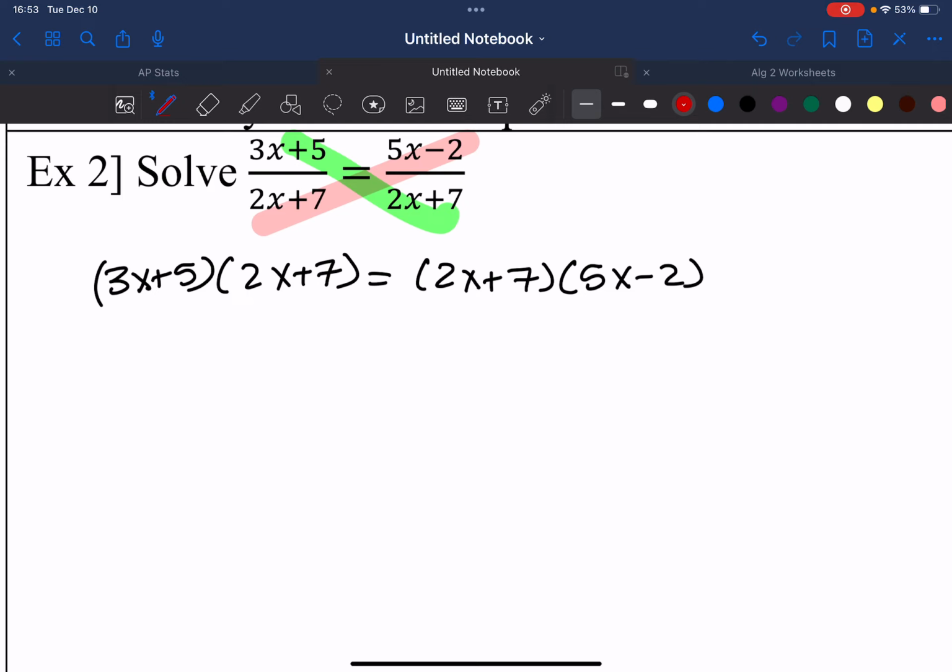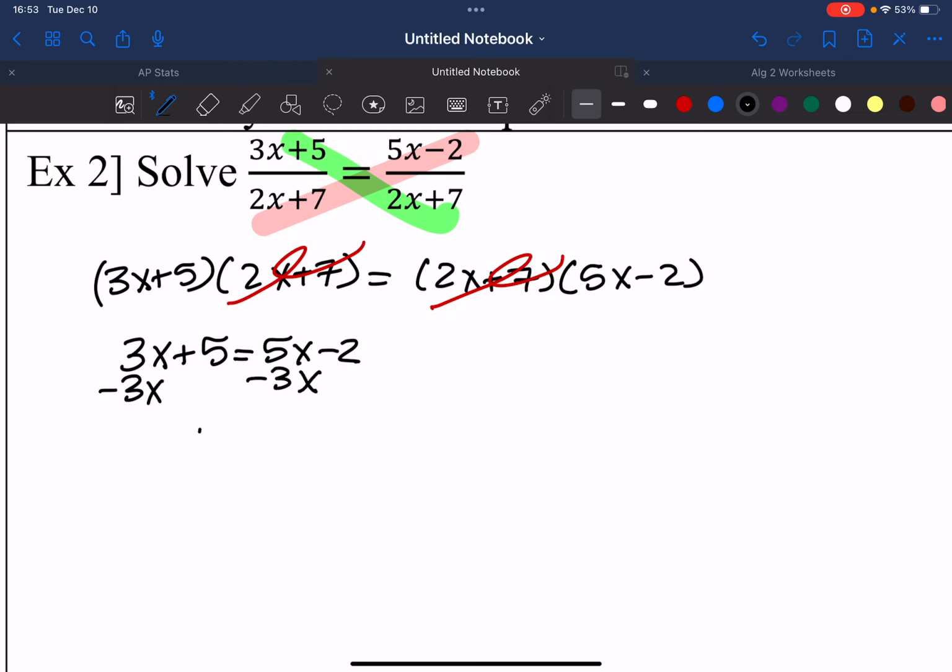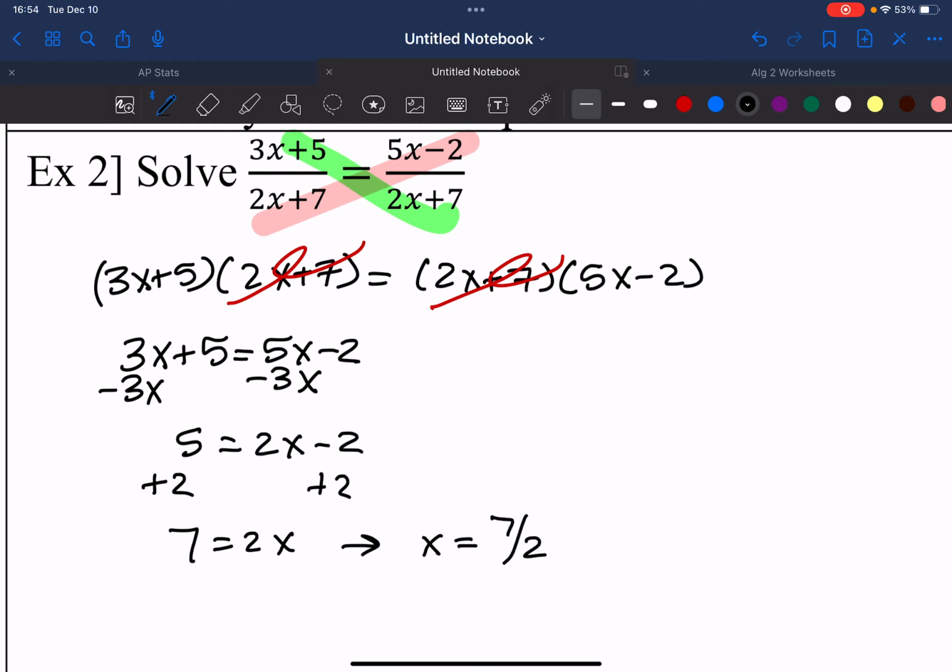So I have a 2x plus 7 and a 2x plus 7, both being multiplied, so I can cancel these out. So I have 3x plus 5 is equal to 5x minus 2. Solve for x by subtracting 3x, and I get 5 is equal to 2x minus 2. Add the 2 over, I get 7 is equal to 2x, which means that x is equal to 7 halves.